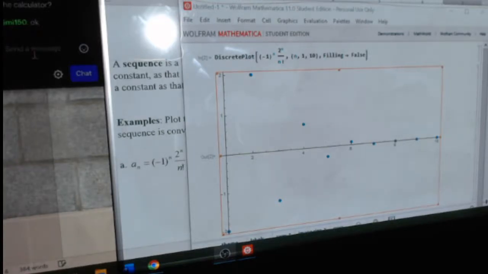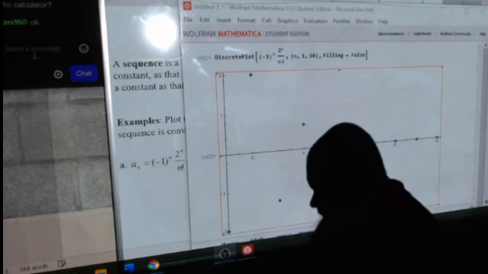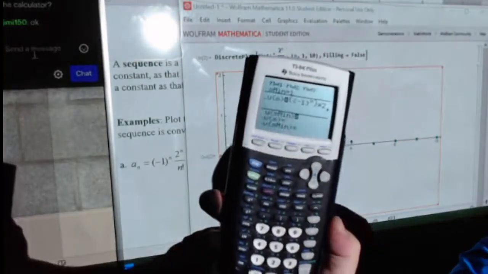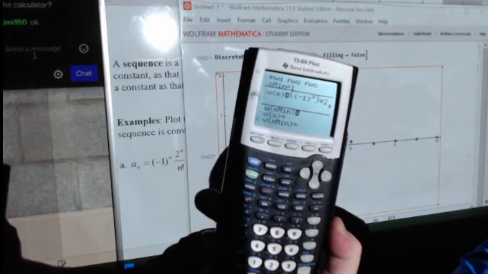Then go to y equals. Put in the function, so (-1)^n. You'll notice that you now see a u sub n, or a un. Let me see if I can get this on the screen for you. I don't know if I have enough light. Okay, you see we have u of n now.